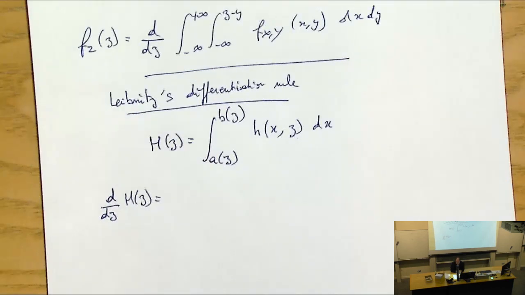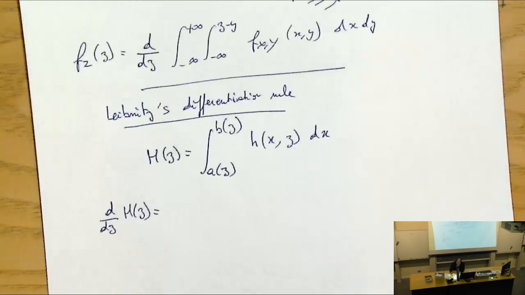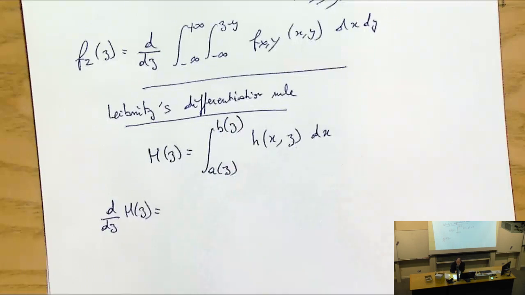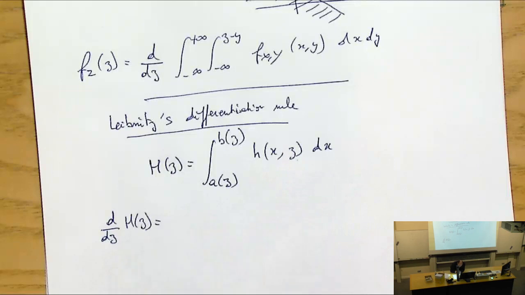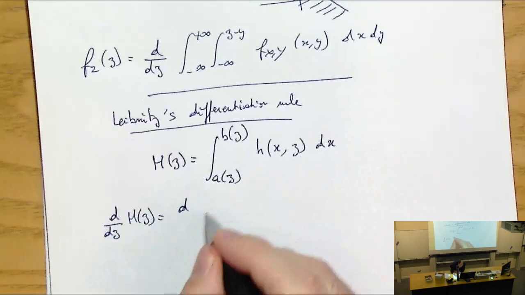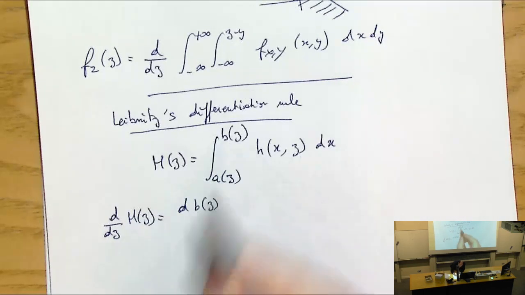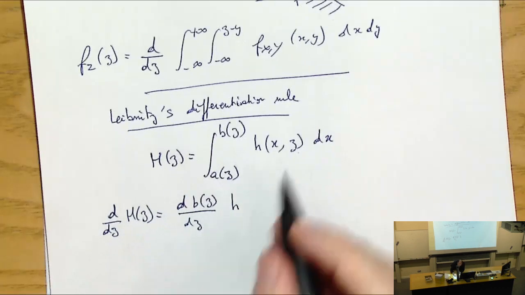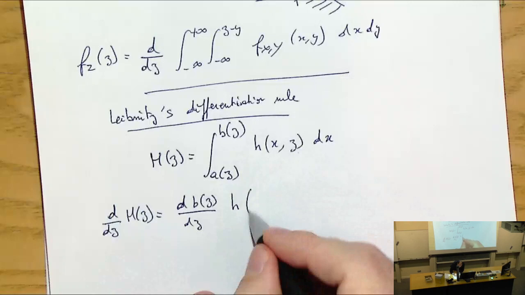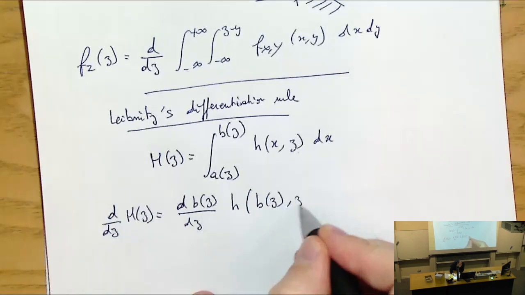So we have done this before, we have used this, but in the case where the boundaries were a function of z, but not the function itself, not the argument here. So how do we do this? Well, Leibniz says you can take the derivative of the first boundary with respect to z, and you evaluate h at this boundary, b(z), z.